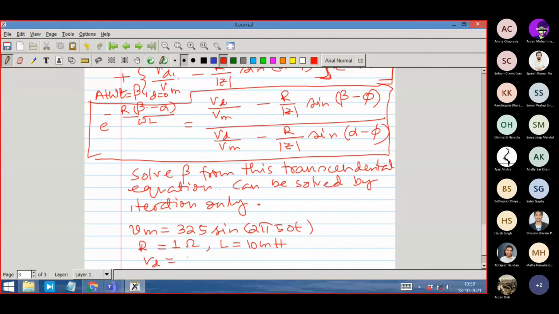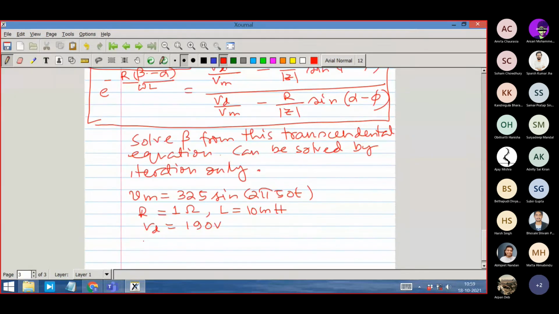190 volt. I request you to observe another very interesting thing. Alpha is equal to 30 degree. First observation is that 2 Vm by pi cos alpha is how much?